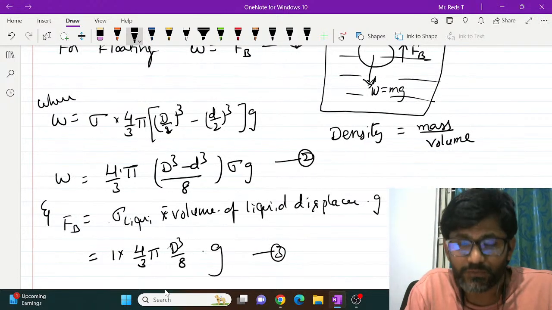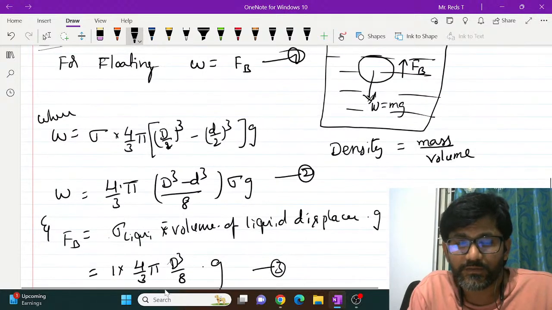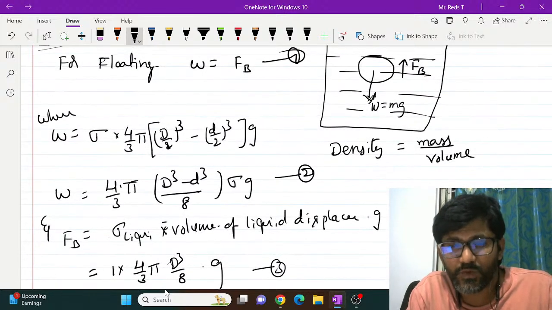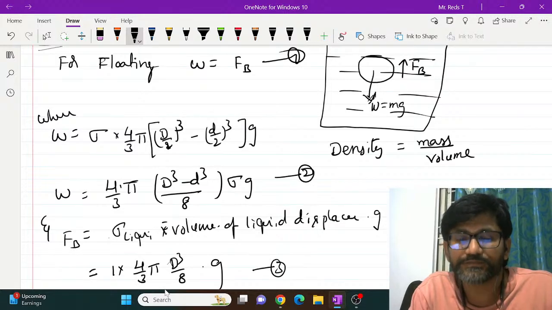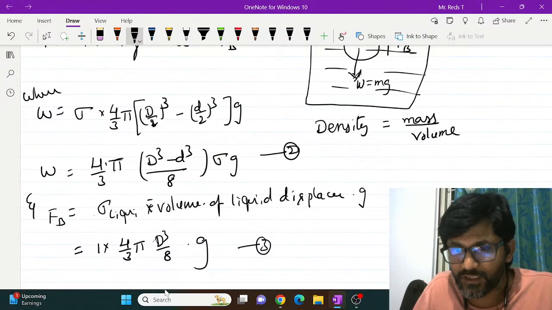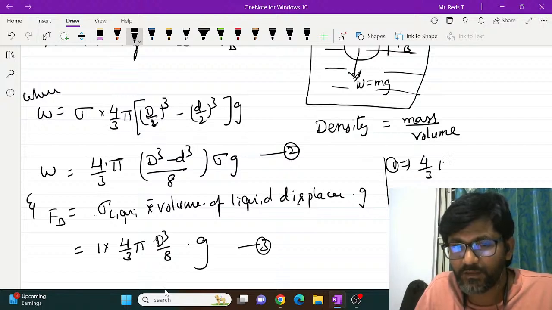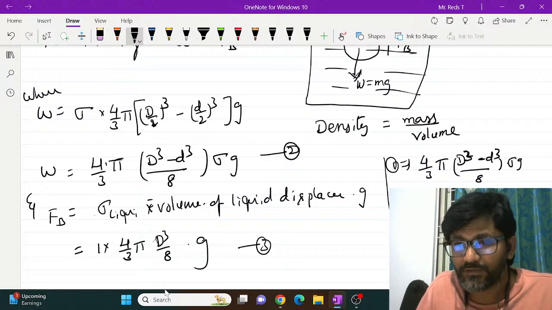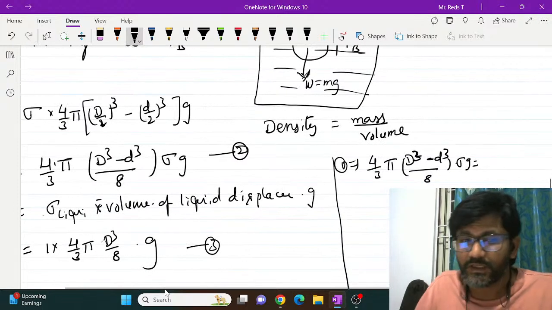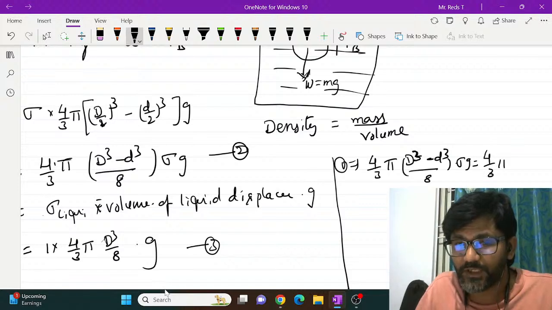Okay, now if you substitute this in equation 1 and simplify, what will you get? Yes, you can do this quickly by yourself. Equation 1 implies W equals Fb. W is nothing but 4 by 3 pi into capital D cube minus small d cube by 8 into sigma g, which should be equal to 4 by 3 pi into capital D cube by 8 into g.